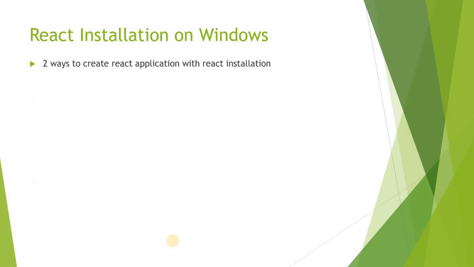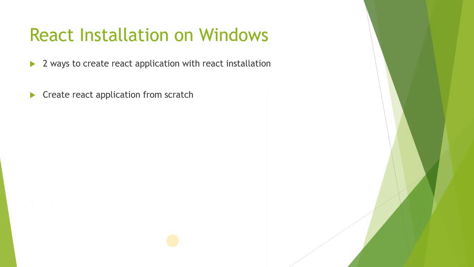So there are different ways to install React as well as create a React application. At the time of creating the application, you can install React as well. There are two ways to create your React application with React installation.